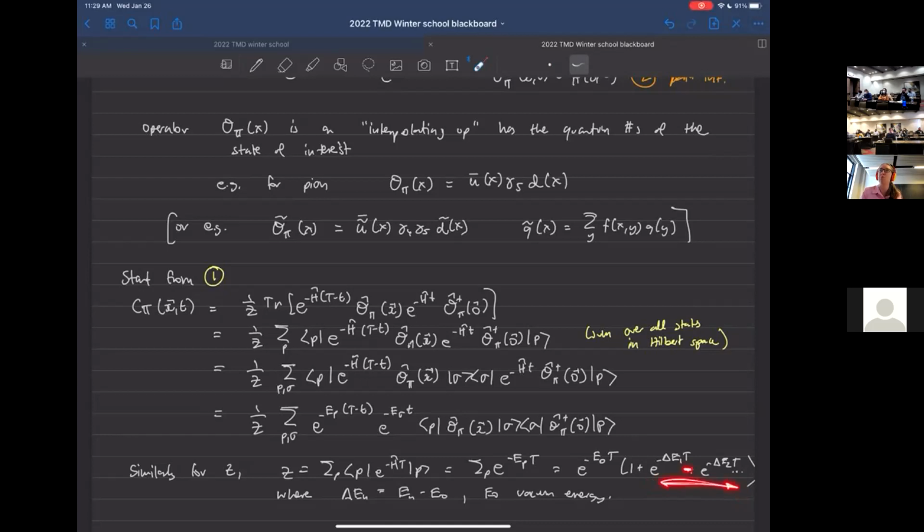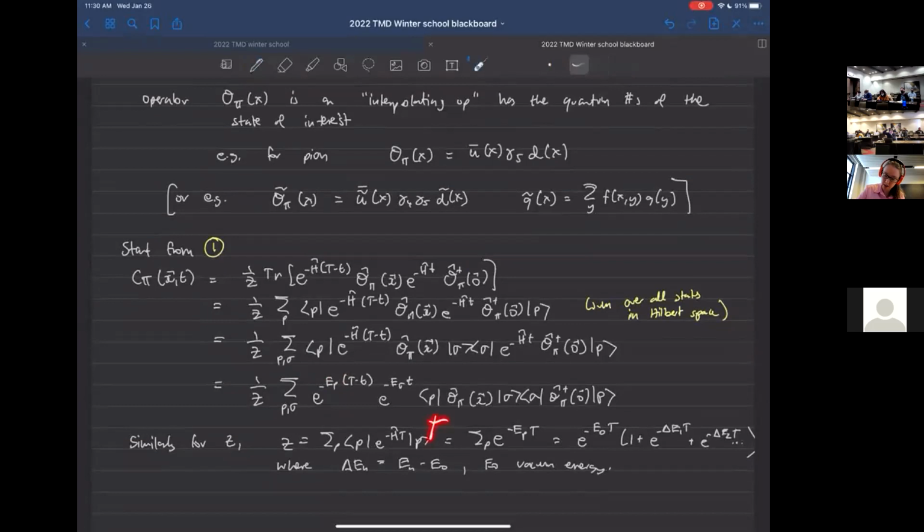So these all get small, and this ends up looking like just e to the minus E_0 T. Similarly here, when ρ is not the ground state, then E_ρ is larger than it is for the ground state, and so that's a smaller contribution. All of the higher excited states become exponentially damped, and so in the limit as the time extent of the lattice becomes large, everything gets damped out and we end up with just the ground state here.